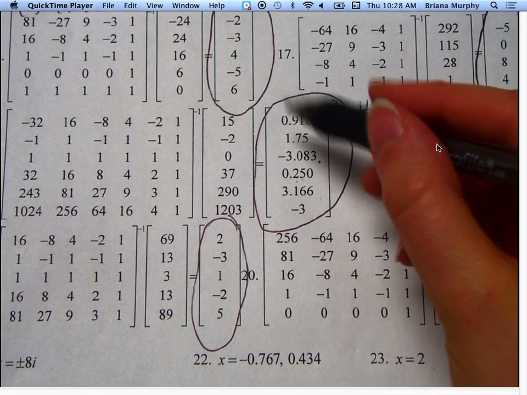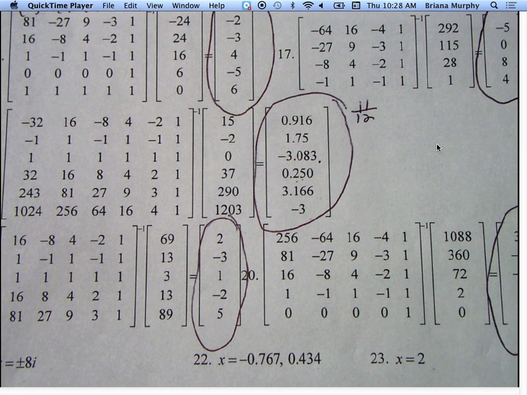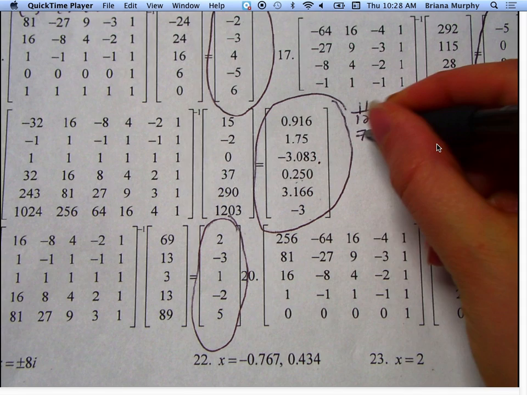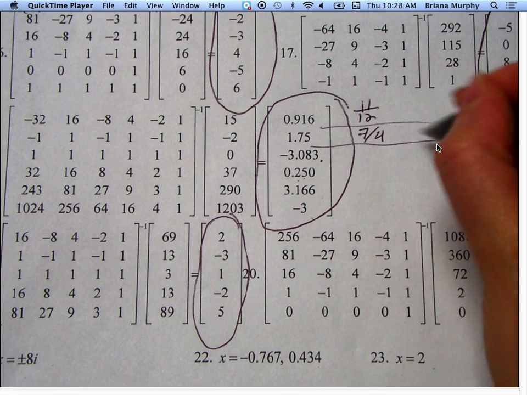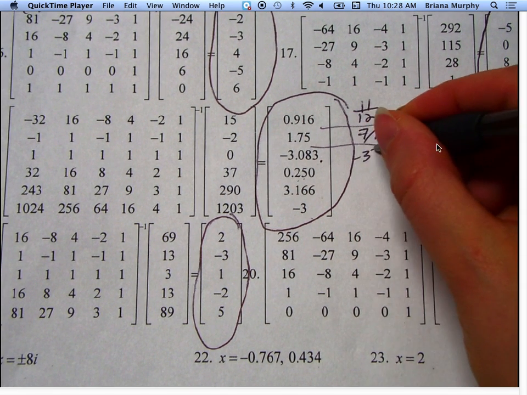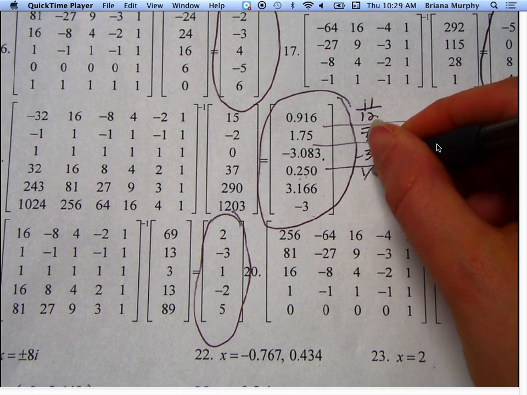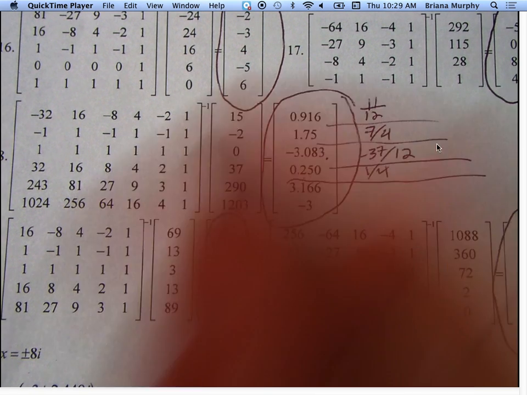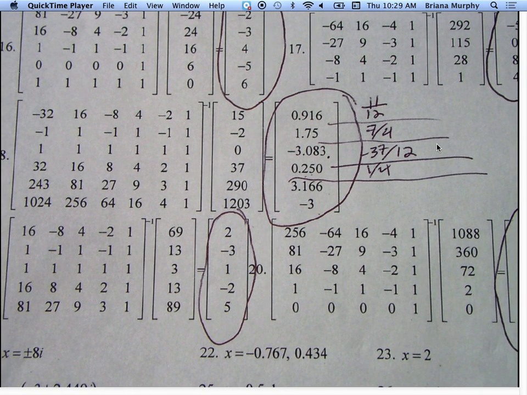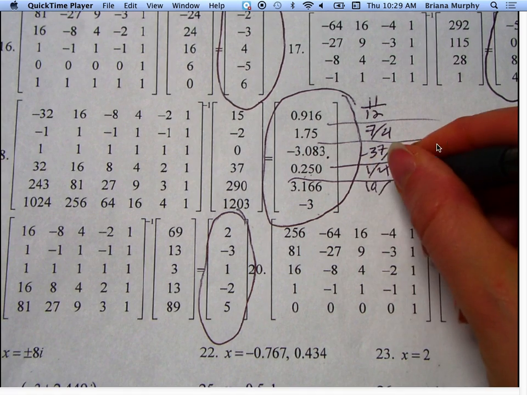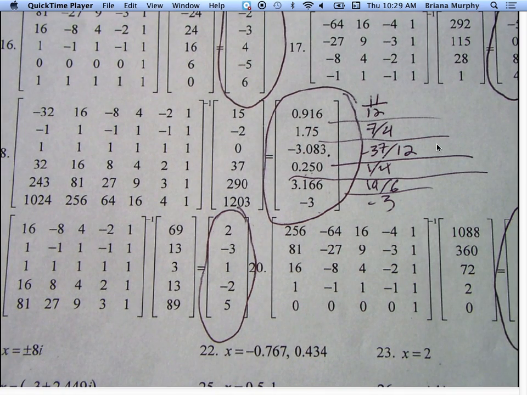Yeah, that's 0.916. And then I get 7/4 for this one. Negative 37 twelfths for this one. 1/4. 19/6. And I get negative 3. So those are the same things, and I would give you either.